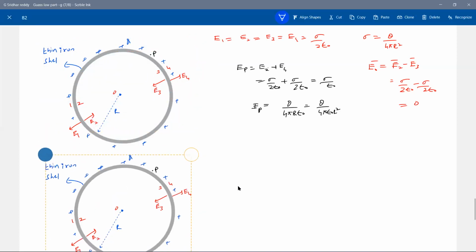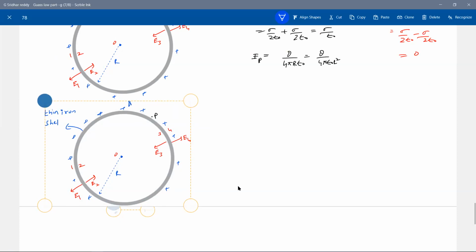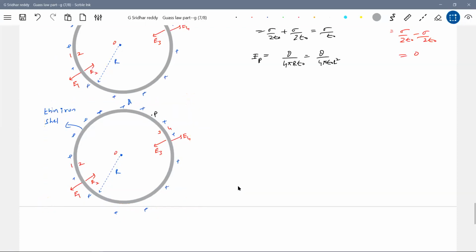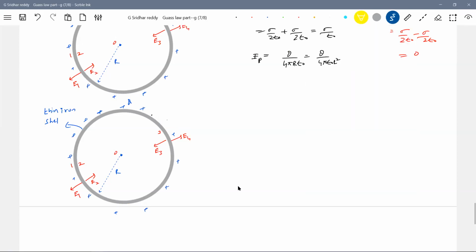Same diagram here in detail. So here I'm going to remove that point P. So many symbols. Let me assume again, as usual, a small element here.